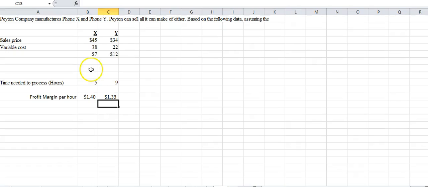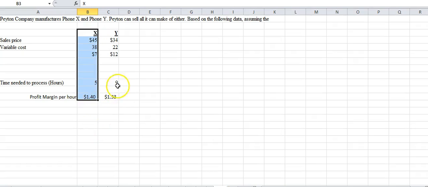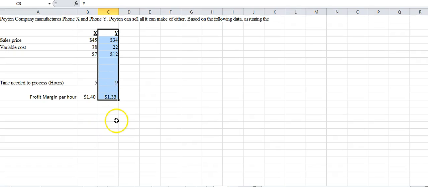I would rather spend my time on product X. It has a lower margin per unit, but it takes me a lot less time to produce. And time, as they say, is money, right? I could earn $1.40 per hour producing product X, whereas I only earn $1.33 per hour producing product Y, okay? So I would choose product X in this case.